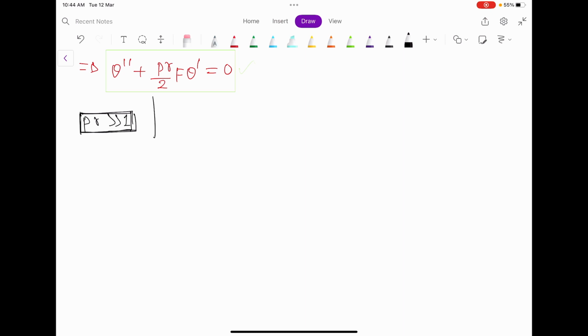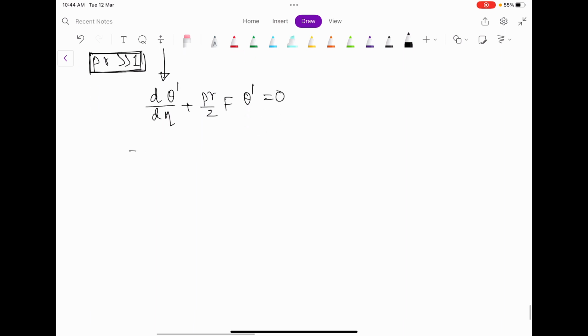So I can write this equation as what, del theta dash d eta plus Prandtl number by 2 into f into theta dash. Okay, so then I have this by this equal to Prandtl number by 2 f d eta.